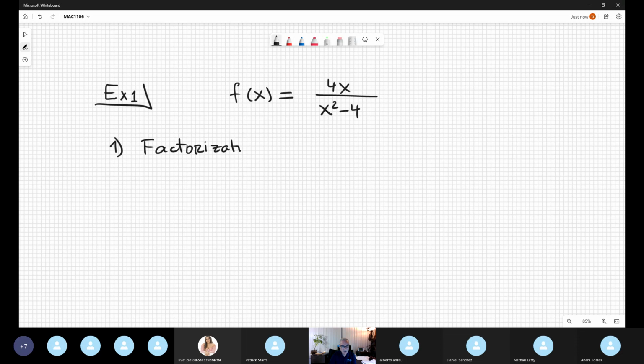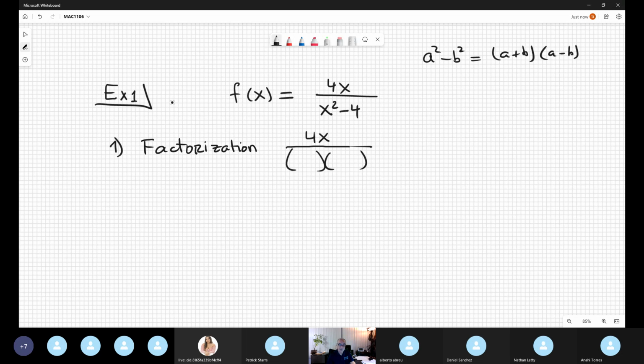Because in the factorization, we detect whether we have a hole or not. In this case, it's easy because in the top we have a monomial, which stays the same. But in the bottom we have a binomial, a special binomial: the difference of squares. And you apply the formula you know very well: a squared minus b squared factorizes as a plus b times a minus b.